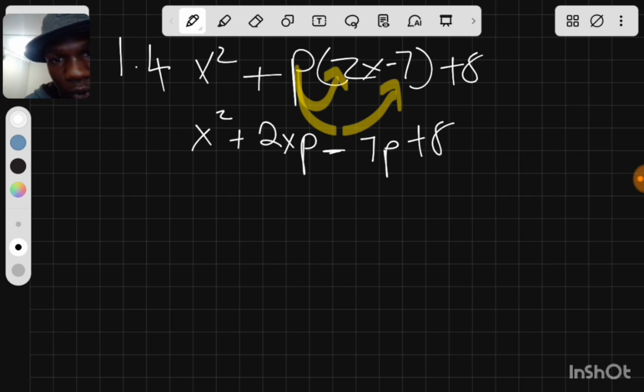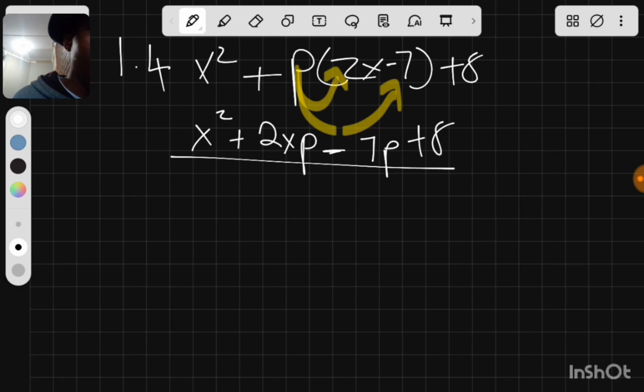So from here we have this value of x squared plus 2px minus 7p plus 8.